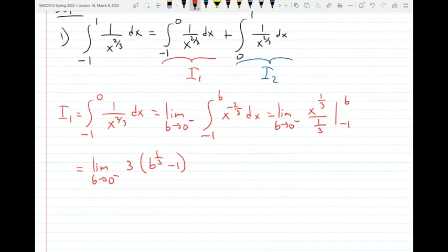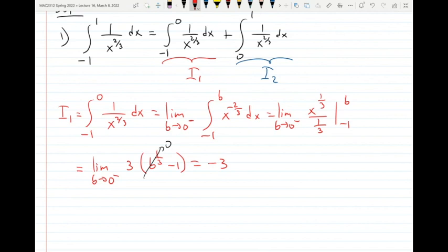So when b approaches 0, this part right here becomes 0, and this is going to be equal to negative 3. Questions with this? All right, so that's this one. Let me make sure. You do plus 1, that's 1/3, that's fine. Okay, so this one converges, I1.